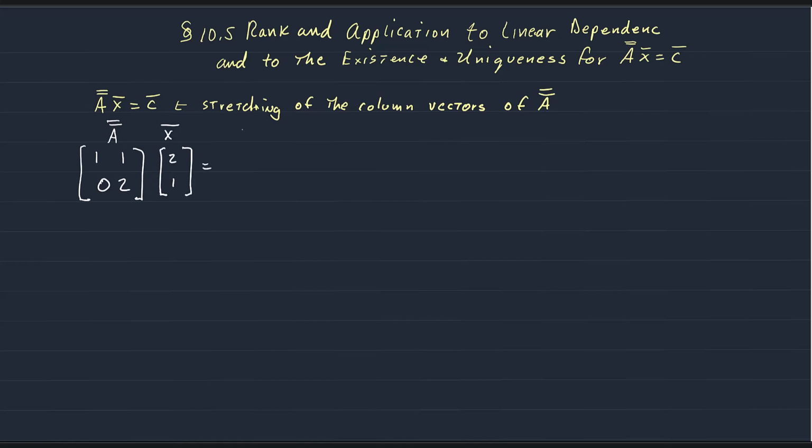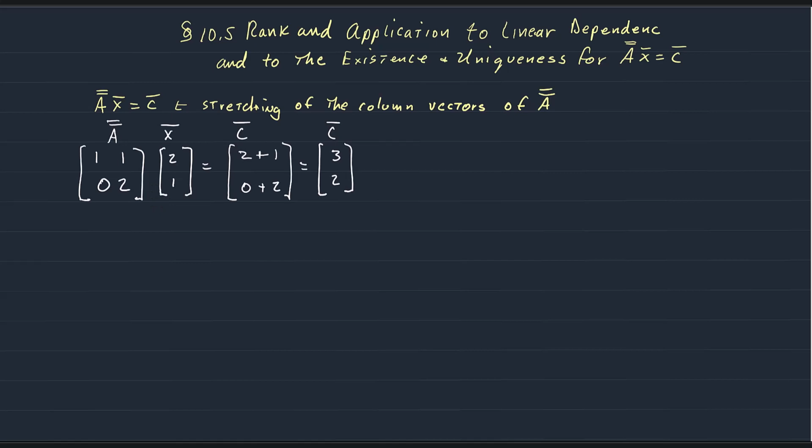We know how to do that multiplication, so this top row times x is 1 times 2 plus 1 times 1. And the next element of C is 0 times 2 plus 2 times 1, so that's 0 plus 2. And this gives C equal to 3, 2.